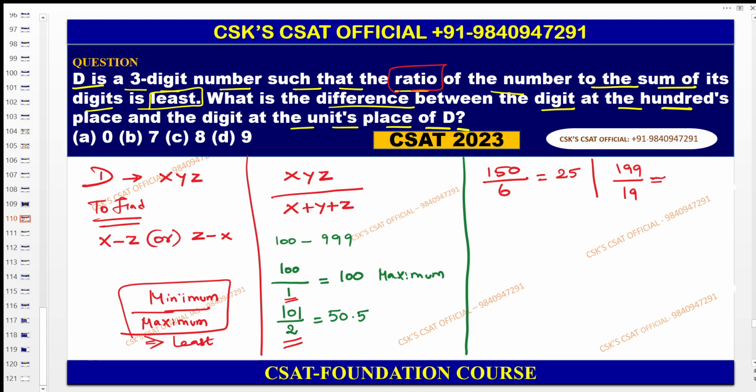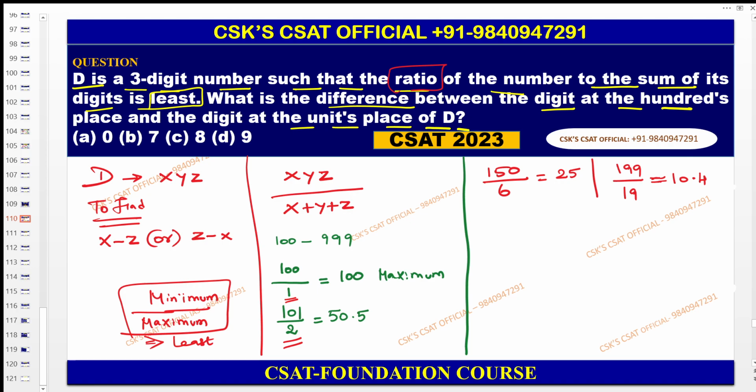So therefore approximately, what is the approximate value? 10 point something. 10 times 190 goes, so another 9 means hardly 0.4. You can take 10.4 here.